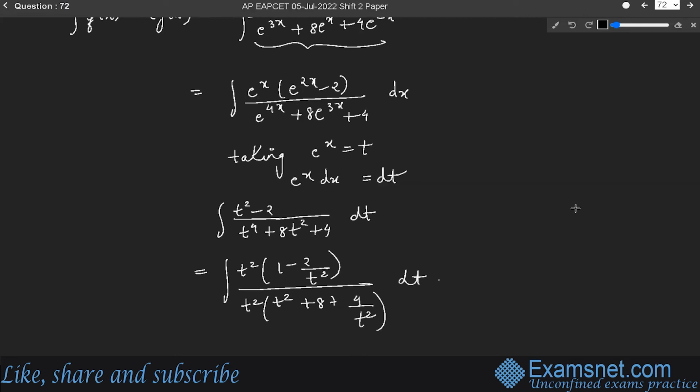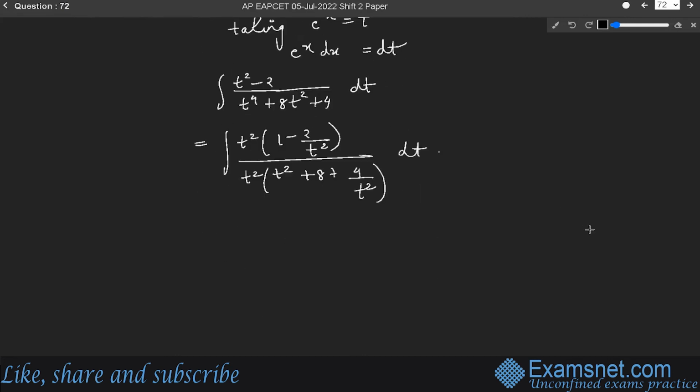On further simplification, 8 can be written as 4 plus 4. So it will be (1 minus 2 upon t square) divided by (t square plus 4 plus 4 plus 4 upon t square) dt.